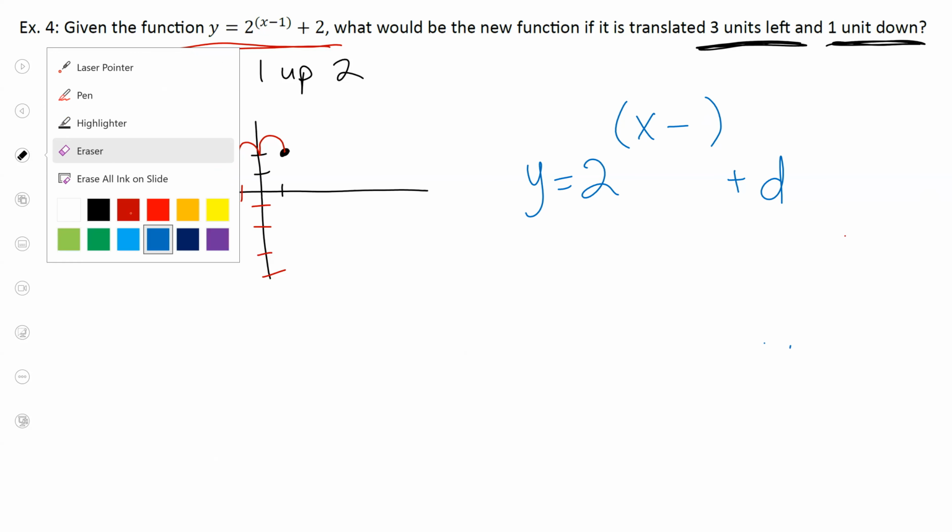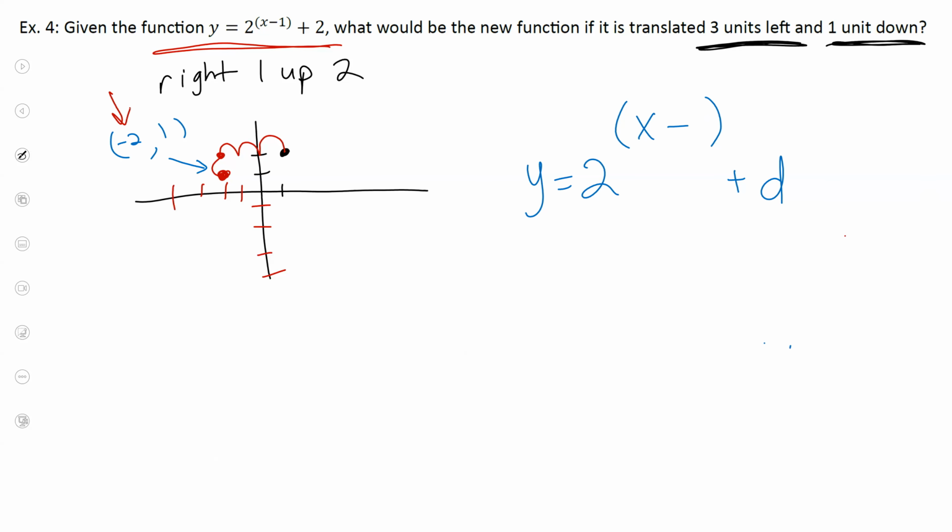So I'm gonna put in this -2, and it becomes a +2, which makes sense because it's on the left side. And then what do I put for the letter D? Just the 1. Because if you talk about this from the origin, this is now left 2, up 1. Left 2, up 1. So this is your equation.